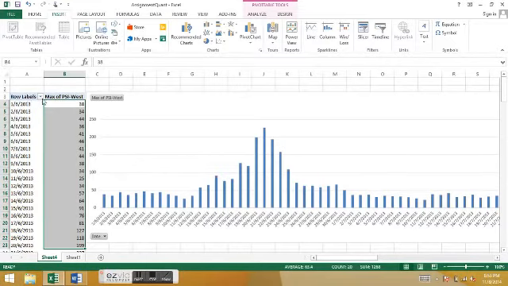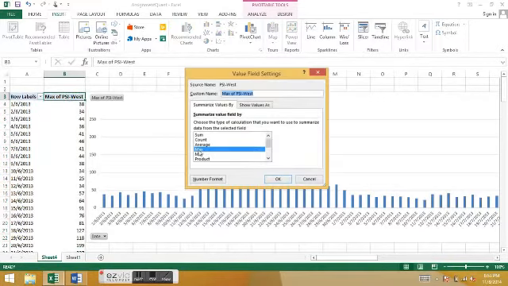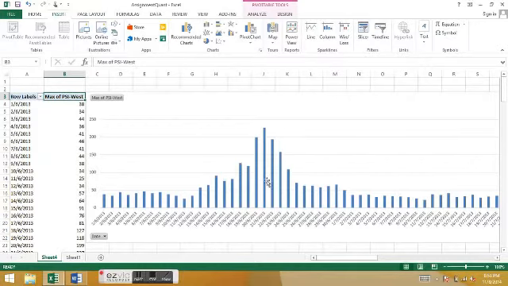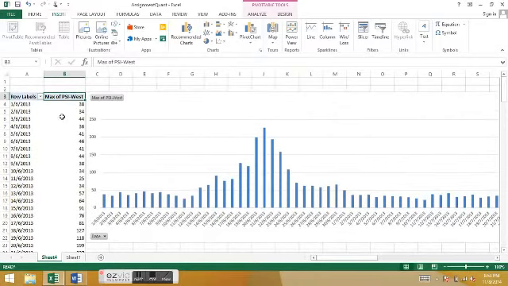The highest PSI is PSI West. So in order to change it to maximum PSI West, we must double click here and choose the word max. As you can see, here are the PSI values for each day, the highest PSI value.